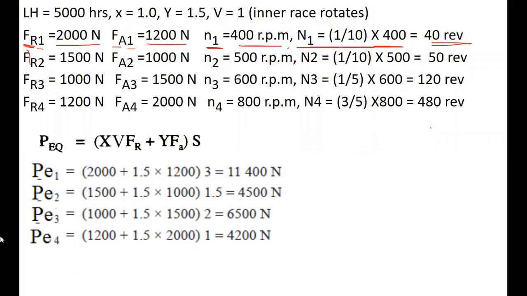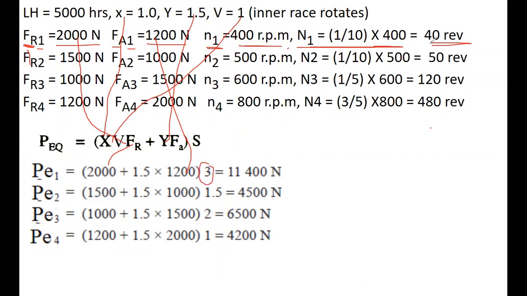Let me show you one with an example, so you'll remember the rest of them. For example, X is 1, so not written. V is also 1, so not written. Directly FR value is written, which is 2000, plus Y is 1.5 into FA1 is 1200 into service factor, which is given for each and every one of them.